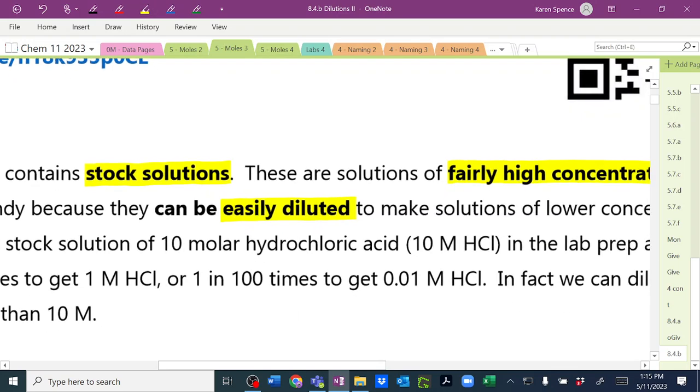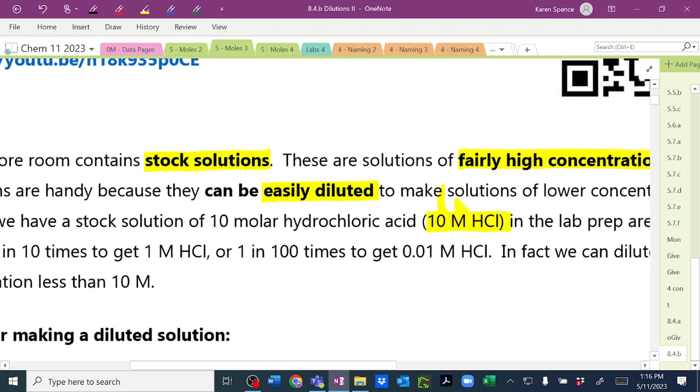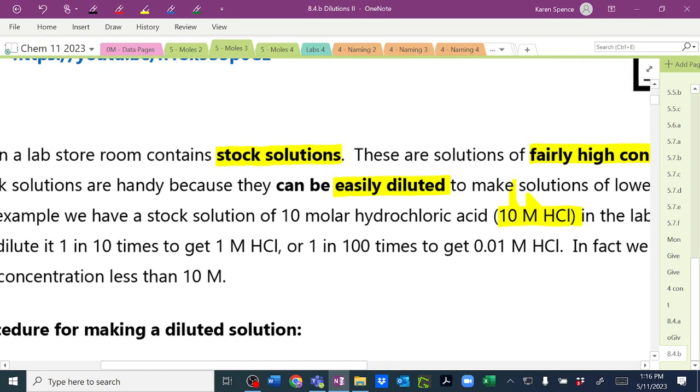For example, you might have 10 molar hydrochloric acid, and you could dilute it 1 in 10 times to get 1 molar HCl. If you don't know what it means to dilute something 1 in 10 times, I might take 1 liter of HCl and 9 liters of water.